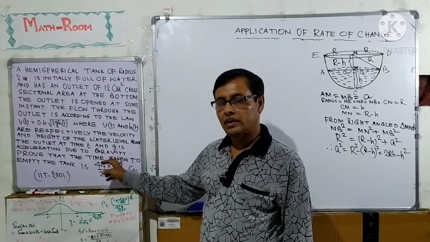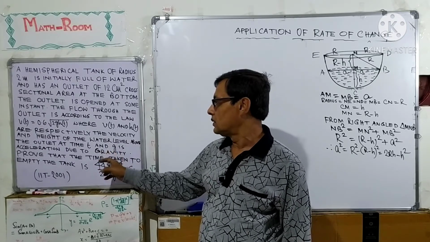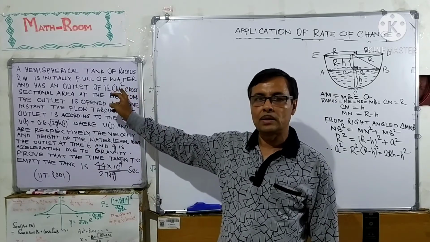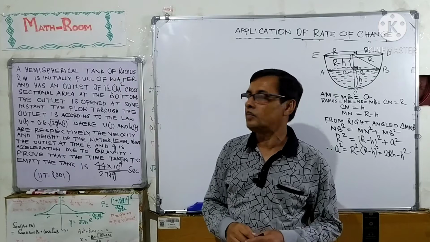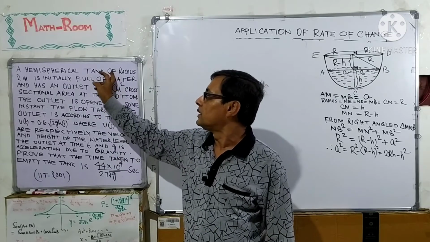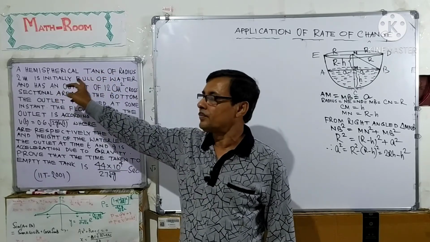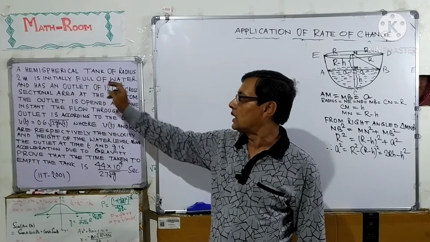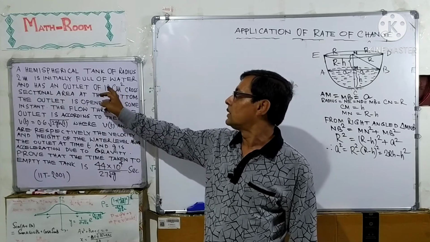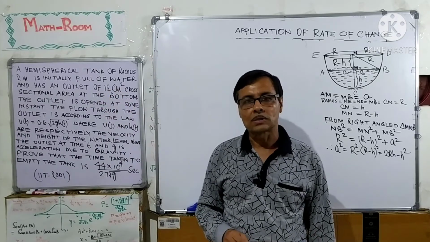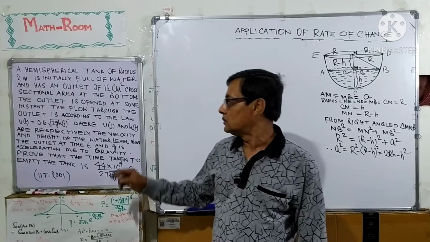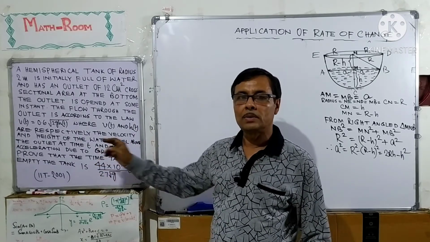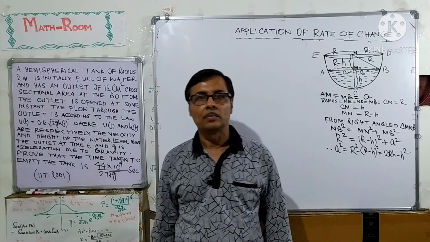This time is taken to empty the hemispherical tank, which is initially full of water, and its radius is 2 meter, and it has an outlet of 12 cm square cross sectional area. Now we have to prove this result, the time taken to empty the hemispherical tank full of water.